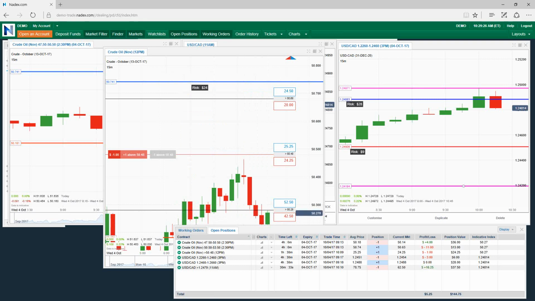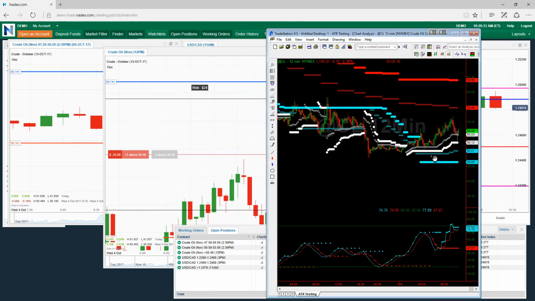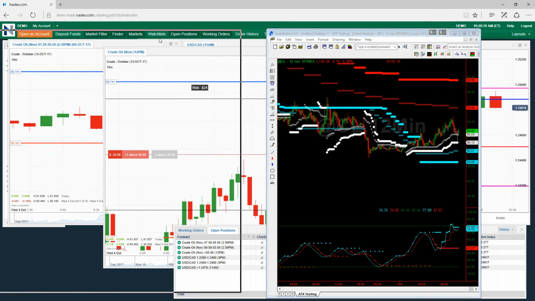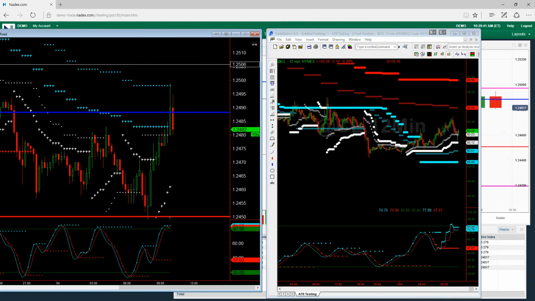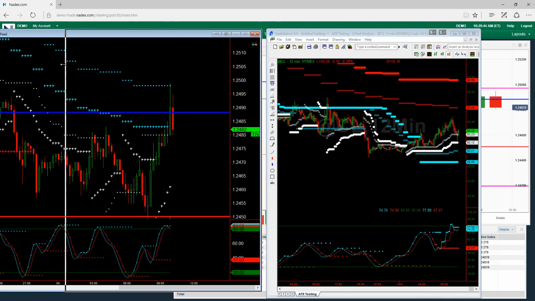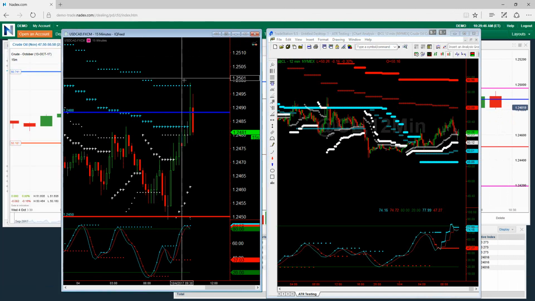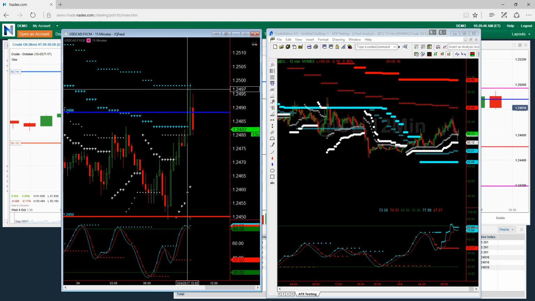And when you're looking at these, remember I told you there's inverse correlation. So again, here's the crude with the support and resistance indicator, okay? And here is the Canadian. Do you see the inverse relationship? This went up, and now I think it's going to come down. This went down prior to the report, and now I think it's going to go up.